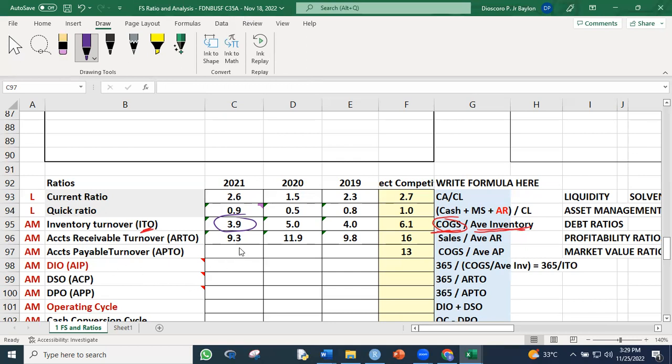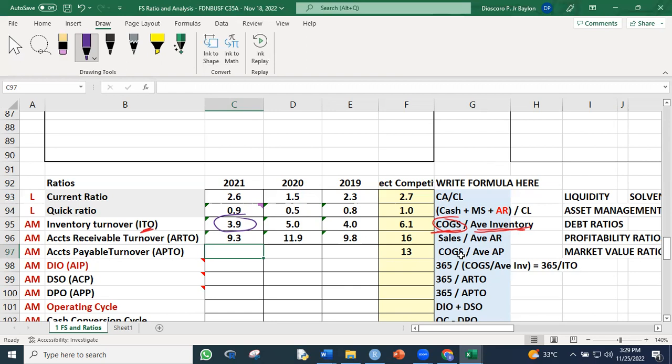All right. Then we go to Apto. This is accounts payable turnover. Apto tells us how many times a year we buy raw materials on account and then pay. So this has something to do with our payable, buying from our supplier and then paying.